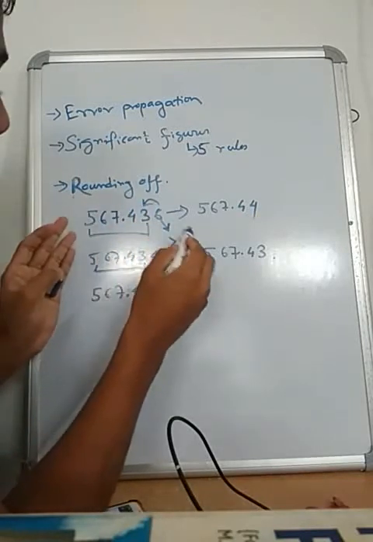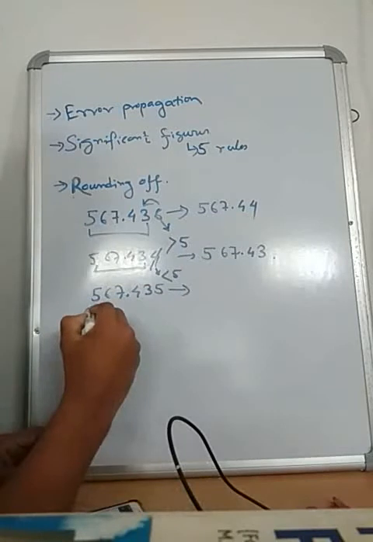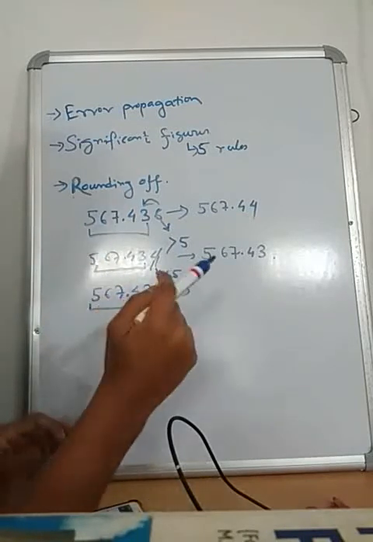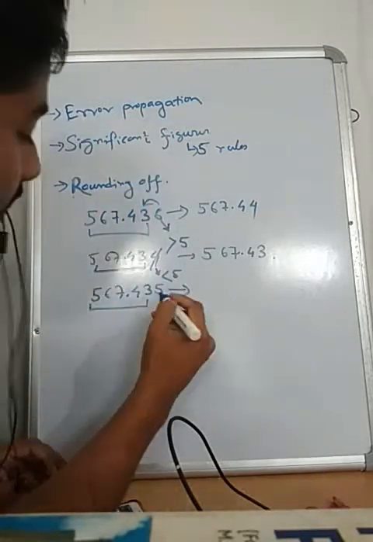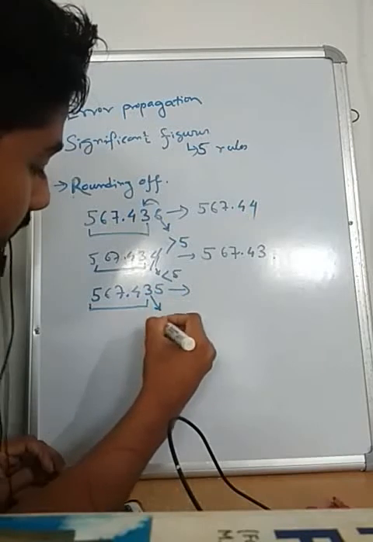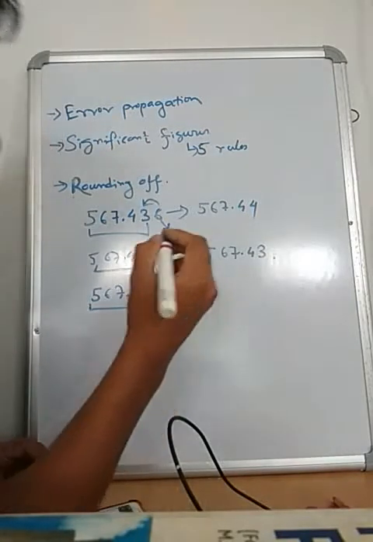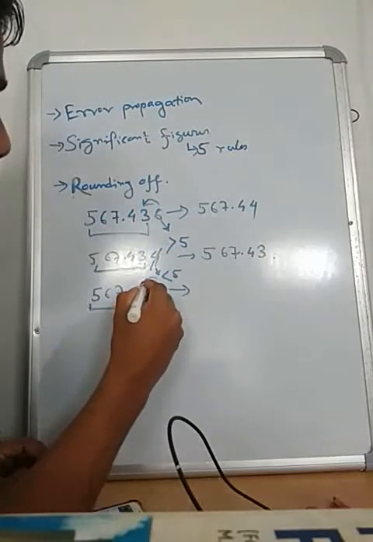If it is greater than 5, we add 1 to the preceding one. If the number is 5, and we have to make it significant up to 5 digits, 1 2 3 4 5, we see the preceding number. If this is odd, we add 1 to this number.